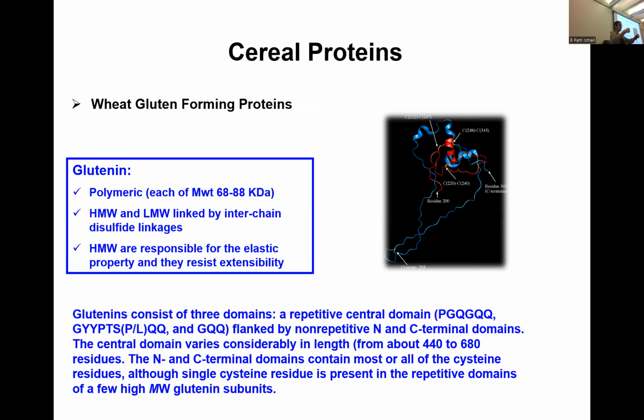That facilitates the intermolecular disulfide linkages. In the middle region there might be one cysteine residue, but most of your cysteine residues are going to be on the termini, which makes it easier to form these large polymers with disulfide linkages.